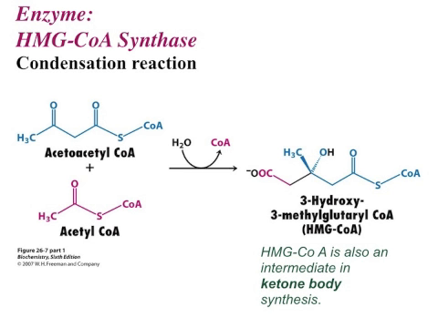It's also an intermediate in ketone body synthesis. And so here we see 2 isozymes of HMG-CoA synthase, one in the cytoplasm that functions in the synthesis of cholesterol, and one in the mitochondrion that's involved in ketone body synthesis.